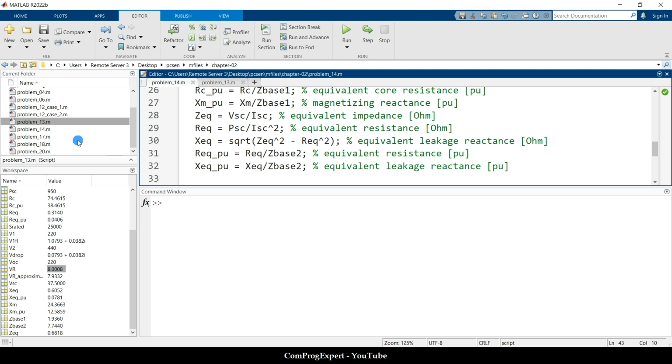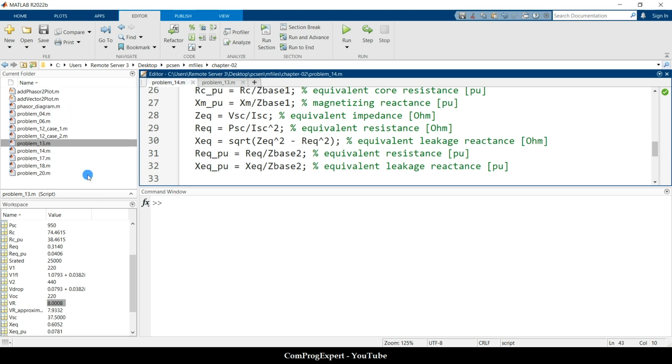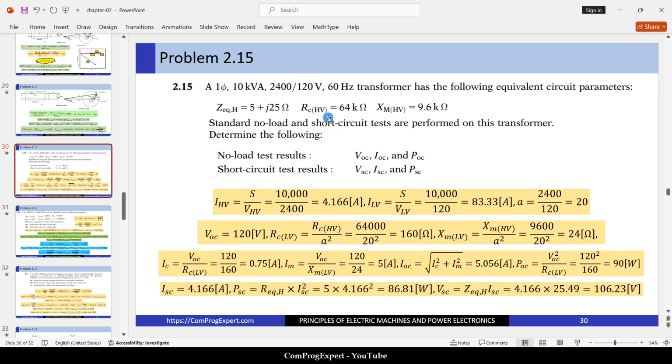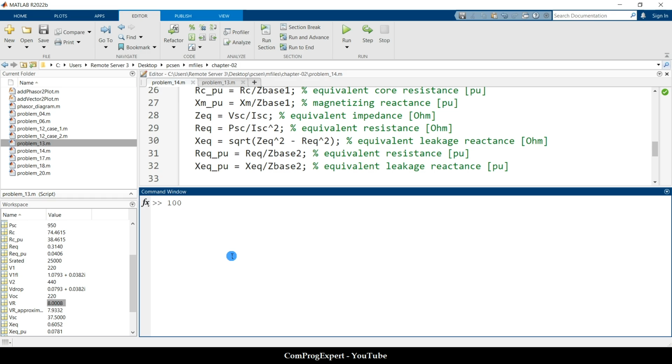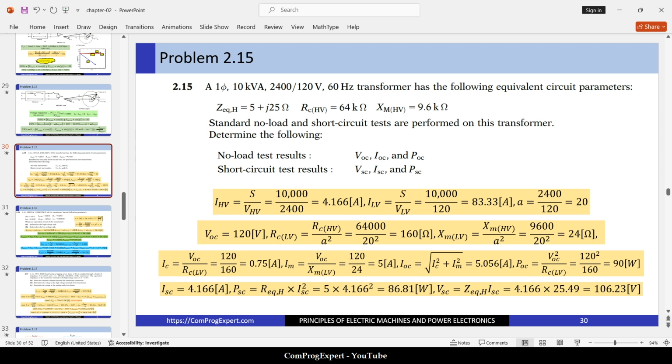Here you can see the numbers, the current of the high voltage side. Let me check. No, I don't have an M file. We can write an M file for this problem, but it is not too complex. Yes, this is the current of the high voltage side, 10,000 divided by 2,400, 4.16 amps.